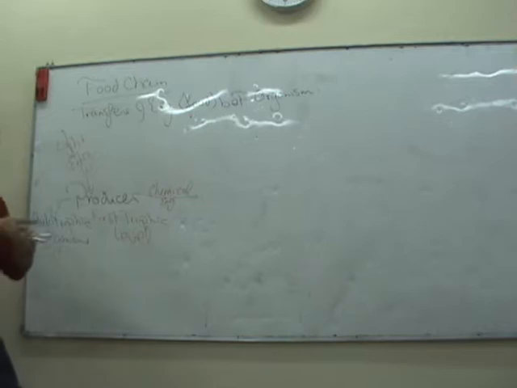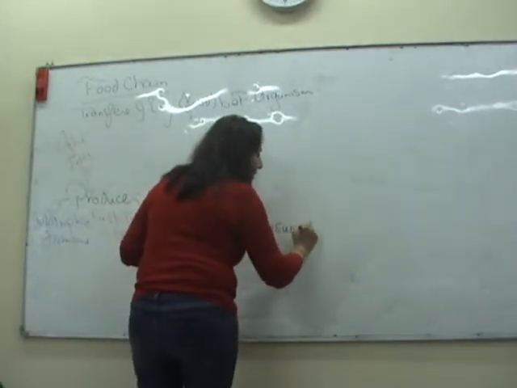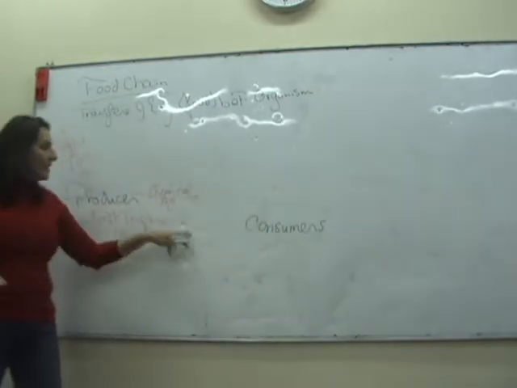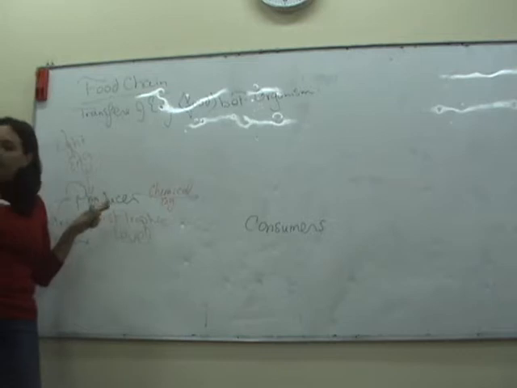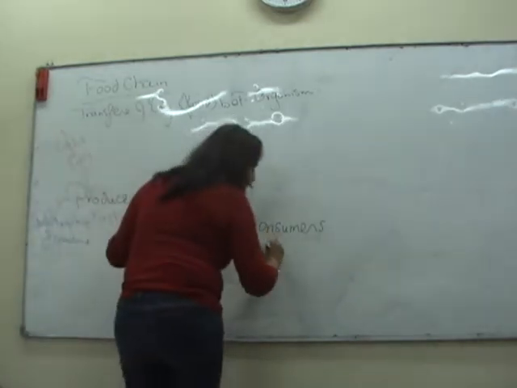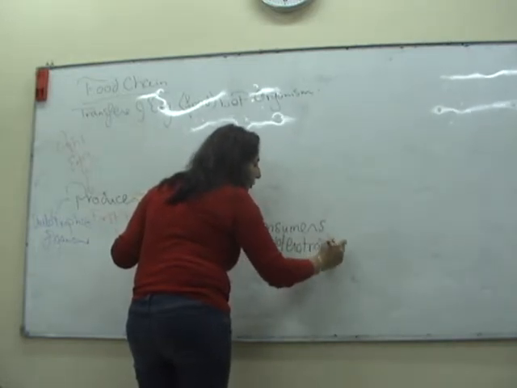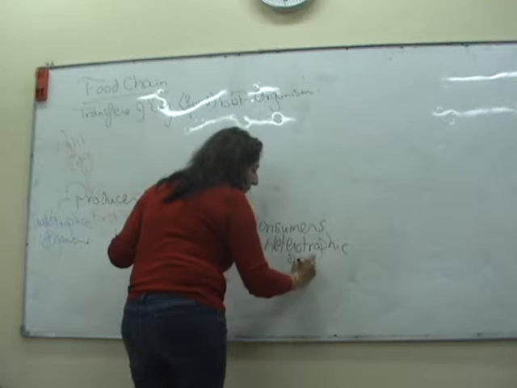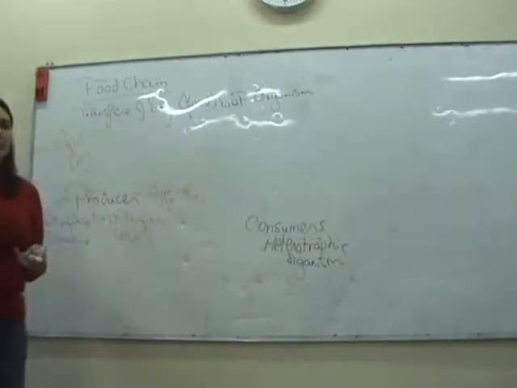And then consumers will start to take their energy from the producer. They will feed on the producer and take this chemical energy. Consumers are all heterotrophs. They are heterotrophic organisms. They feed on other organisms.